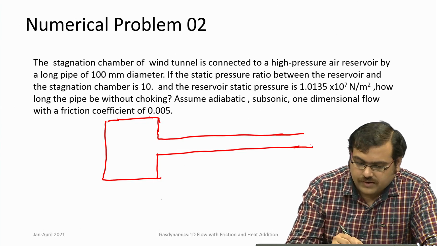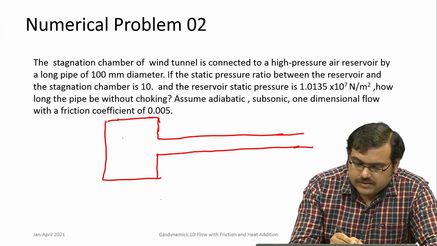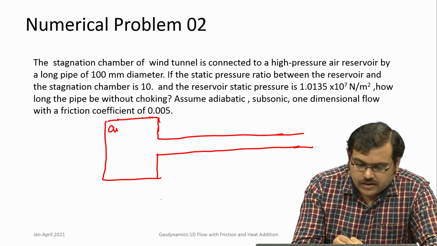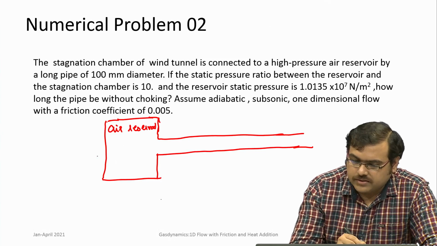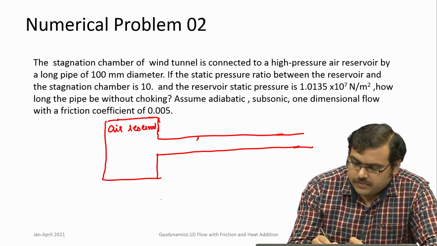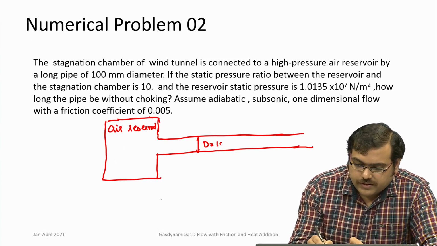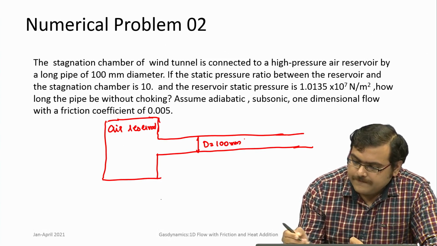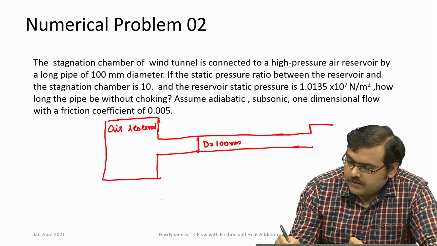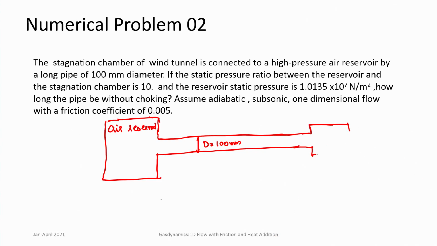So, you have a long pipe, and this is the air reservoir where a large amount of air is stored, and this diameter is given, d equal to 100 mm, and here you have a smaller stagnation chamber, and then further it goes down, you have the wind tunnel.